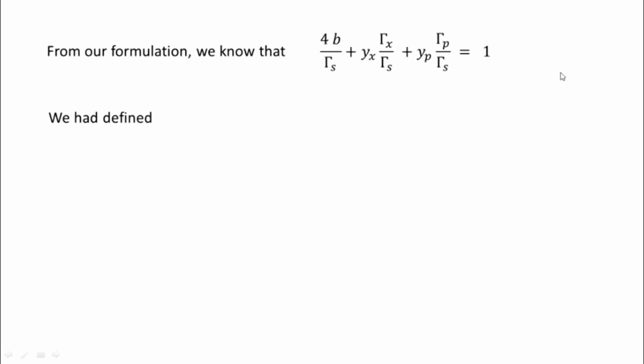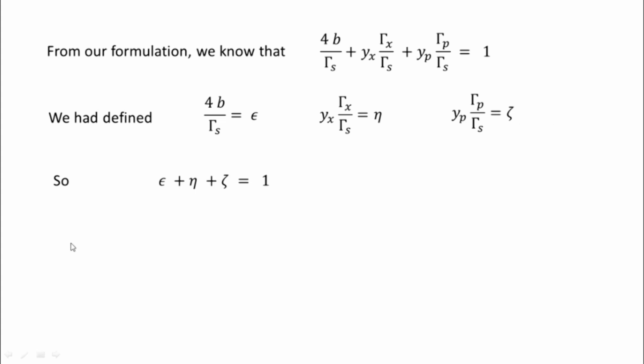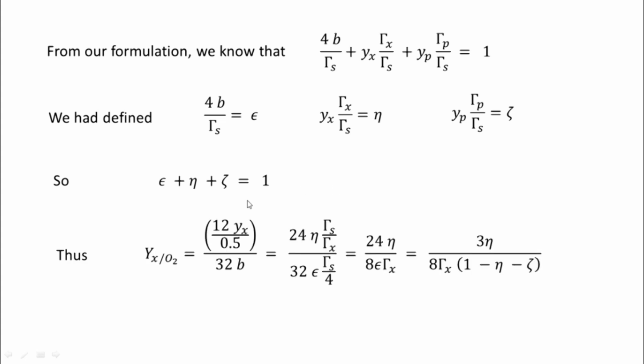Therefore, we had defined 4b by gamma S as epsilon, Yx gamma X by gamma S as eta, and Yp gamma P by gamma S as xi. So, epsilon plus eta plus xi equals 1. This we have already seen.